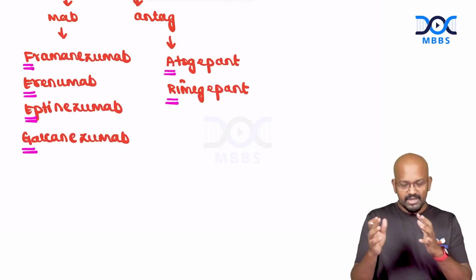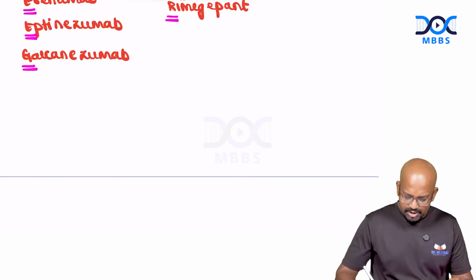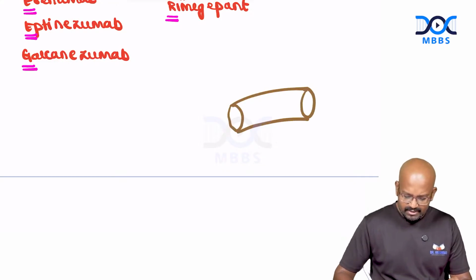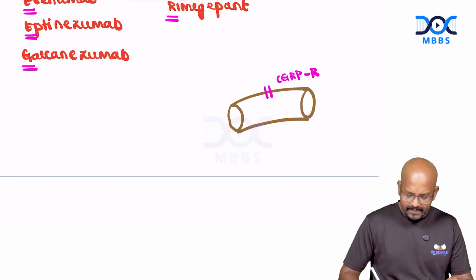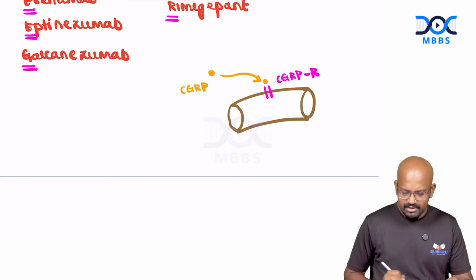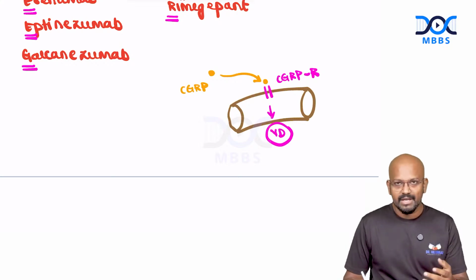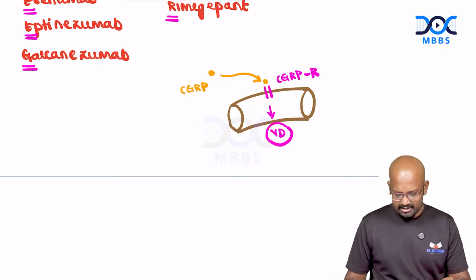What's the difference between these drugs, buddy? See, consider here is where your blood vessel is, and on the surface of it, we have the CGRP receptor. This is your CGRP receptor. This is your CGRP molecule. This molecule in turn will bind with the receptor, and that is responsible for vasodilatation to occur. That's how CGRP produces its mechanism.